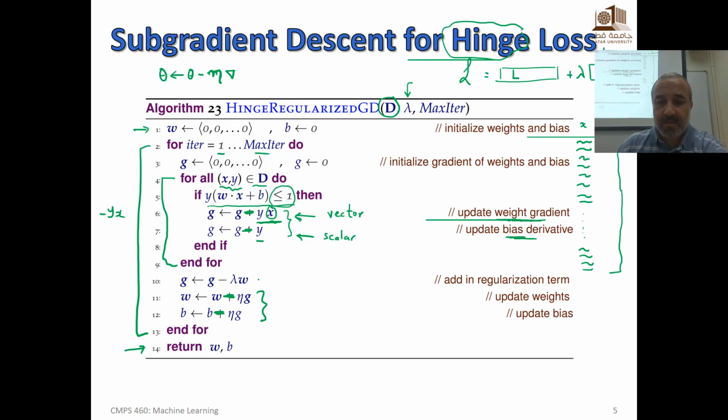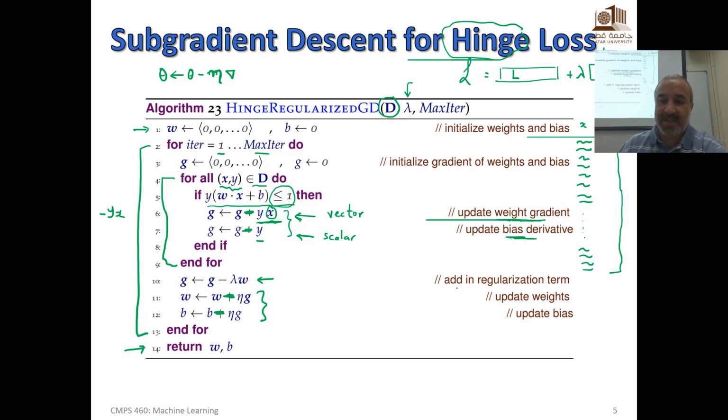We covered all the lines now except line 10. What is line 10? That's the gradient of the regularizer part. So we are updating here the gradient with respect to the regularizer. We are adding it to the bold one because that's the weights.